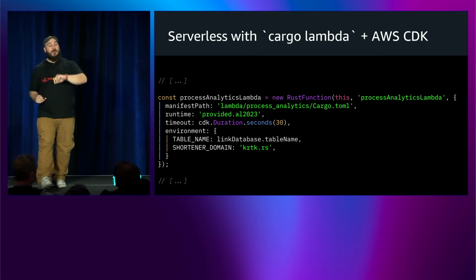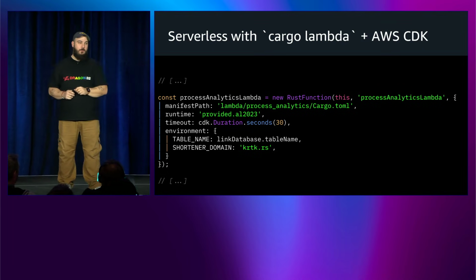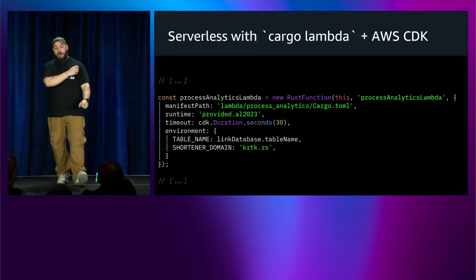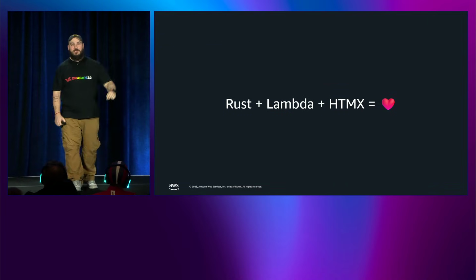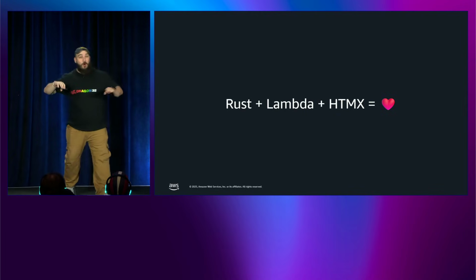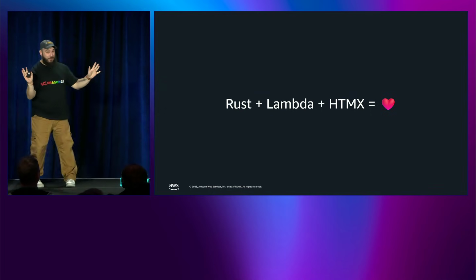But you know what else Rust can do? Can Rust do front end? Kinda, right? Well, it can. Rust plus Lambda plus HTMX. Anybody here use HTMX? Oh my God, let me awaken your PHP nightmares. It looks like PHP.